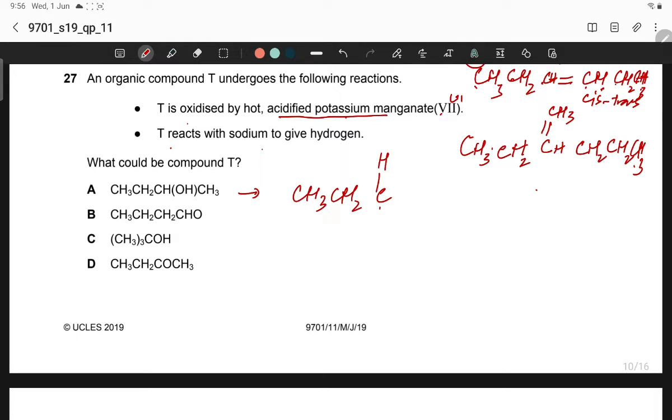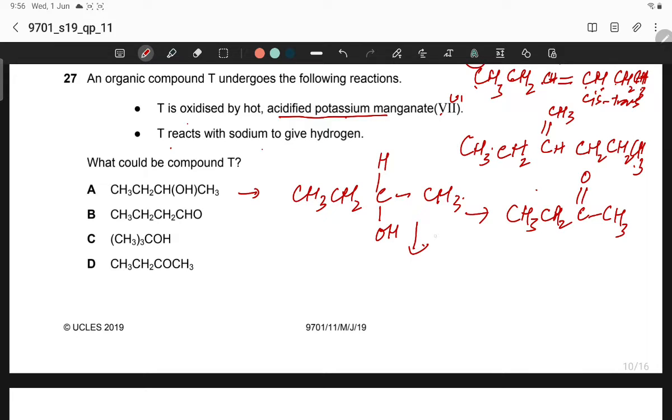H, OH, CH3. This will give CH3 C double bond O, a ketone is formed. T reacts with sodium to give hydrogen.